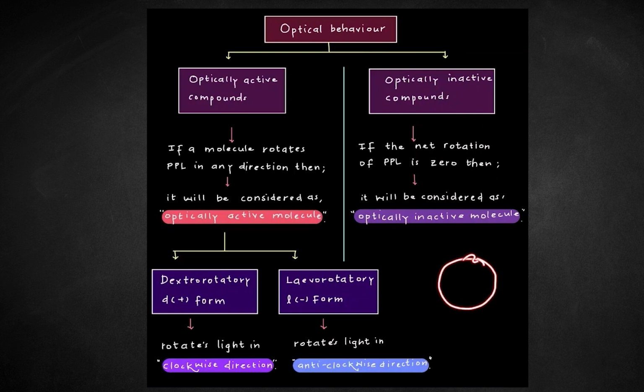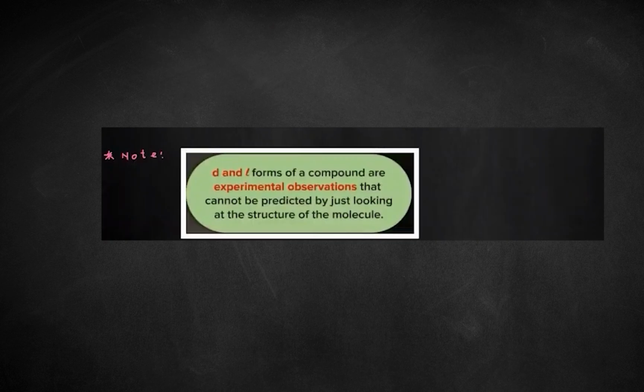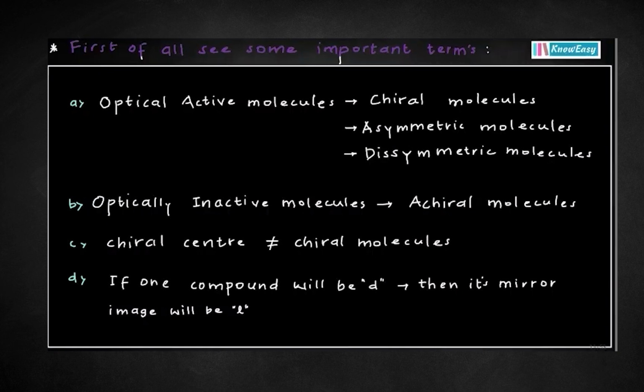If the plane polarized light is rotated in the anti-clockwise direction with angle alpha, then it is called levorotatory. It is written with small l or the negative sign. Please note that d and l forms are experimental observations that cannot be predicted by just looking at the structure of the molecule. Let's quickly revise some important terms in optical isomerism which generally confuse students.